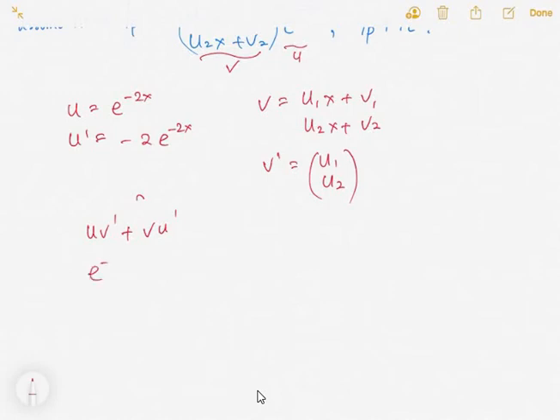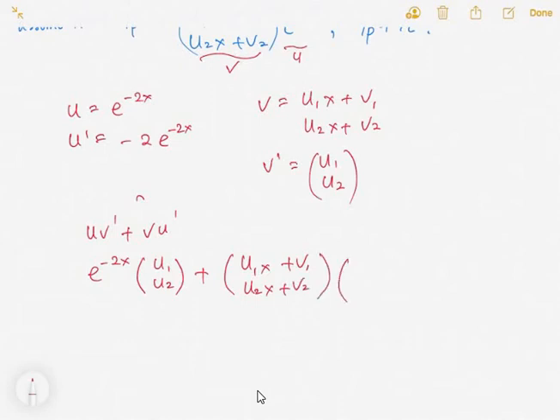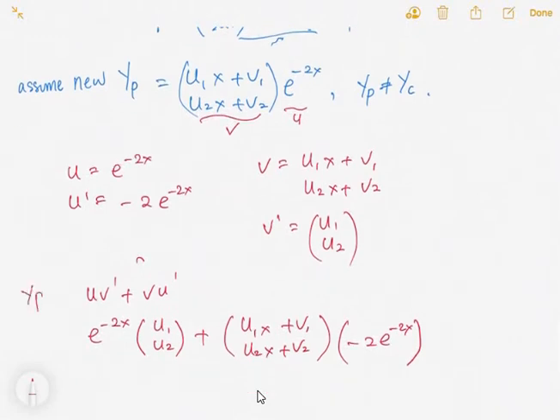U is exponent negative 2x, v prime is (u1, u2), plus v is (u1x plus v1, u2x plus v2), and u prime is negative 2 exponent negative 2x. So this is your y_p prime.